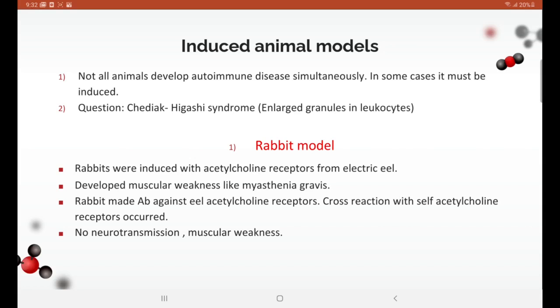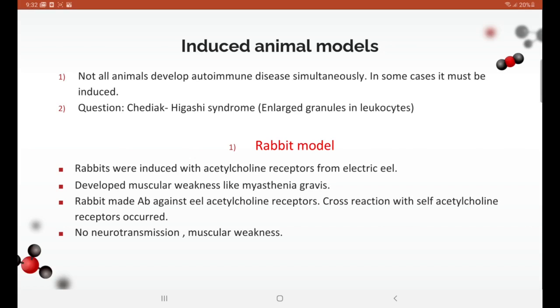Just like in humans, those rabbits developed autoantibodies against acetylcholine receptors of eel. But these autoantibodies cross-reacted with rabbits' own receptors, thus leading to muscular weakness due to absence of neurotransmission.